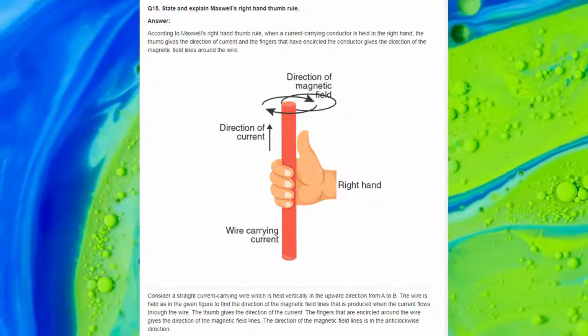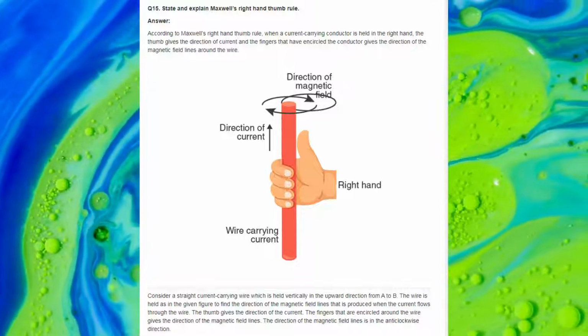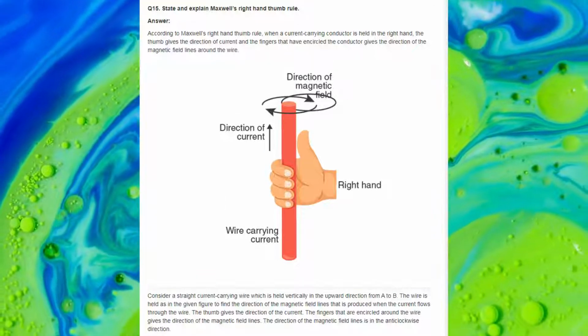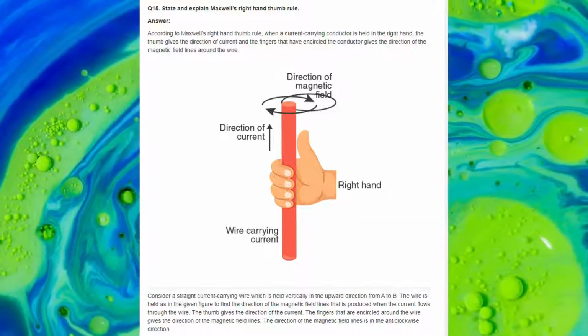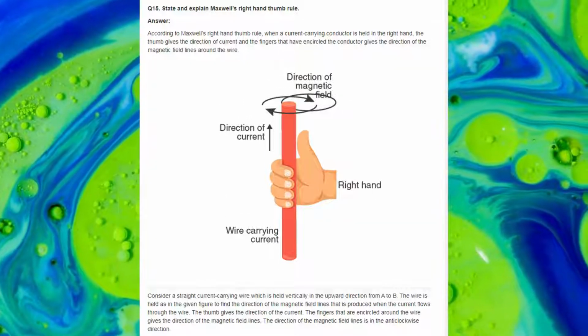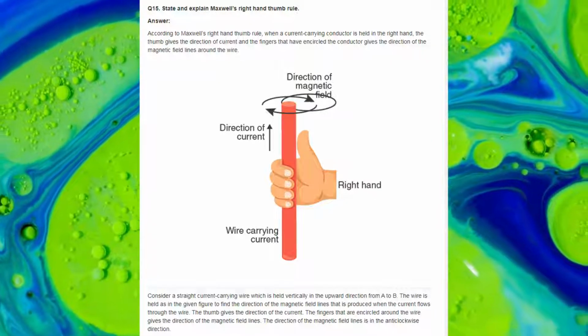To find the direction of the magnetic field lines produced when the current flows through the wire, the thumb gives the direction of the current. The fingers that are encircled around the wire give the direction of the magnetic field lines. The direction of the magnetic field lines is anti-clockwise.